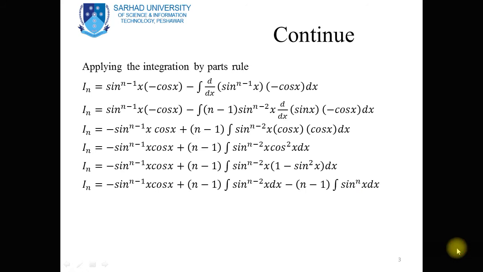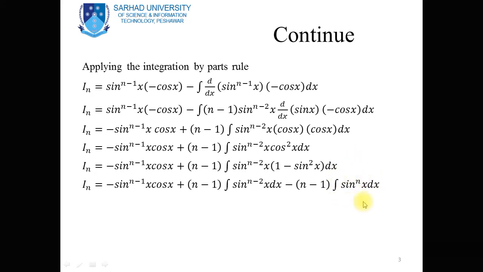So, by multiplying n minus 1 and sine x whole power n minus 2 with 1, we can write this term, and now multiplying n minus 1 with the other term, you see over here, when we multiply sine x whole square with sine x power n minus 2, we obtain integration of sine x power n with respect to x.